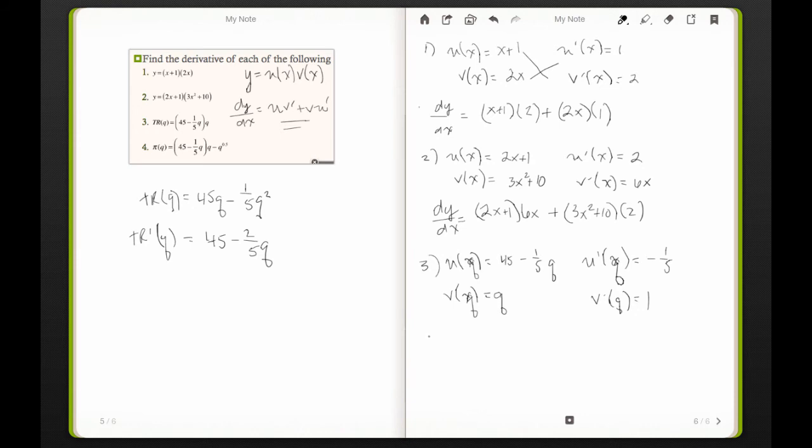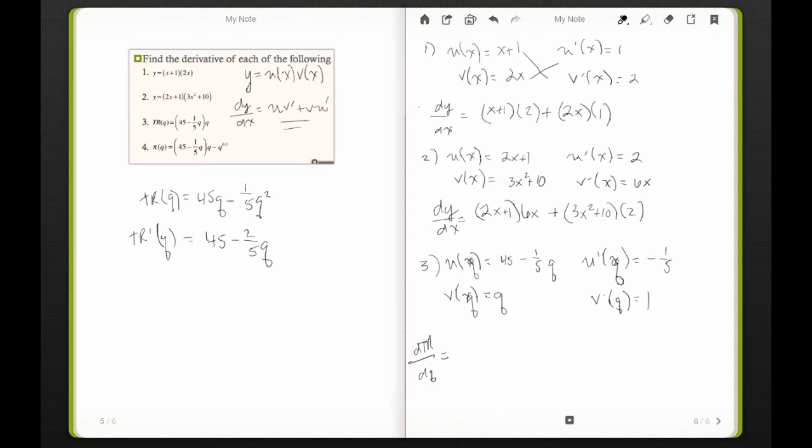So then I'm going to plug in what I know. My dy/dx is really my dTR/dq. So I'm taking the derivative of total revenue with respect to q. In this one, I was taking the derivative of y with respect to x.